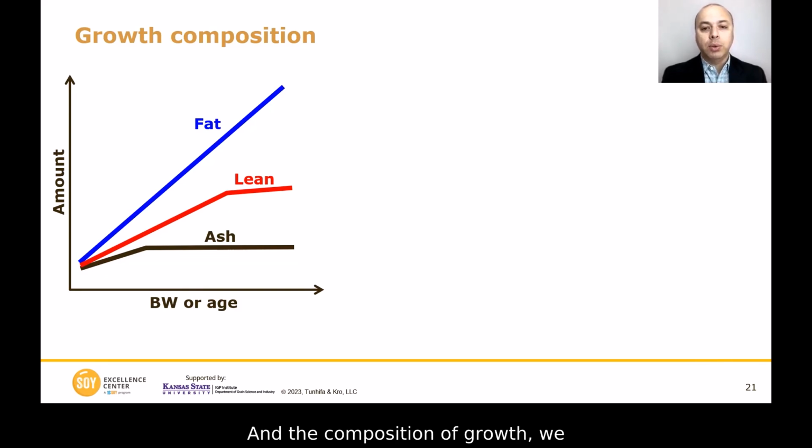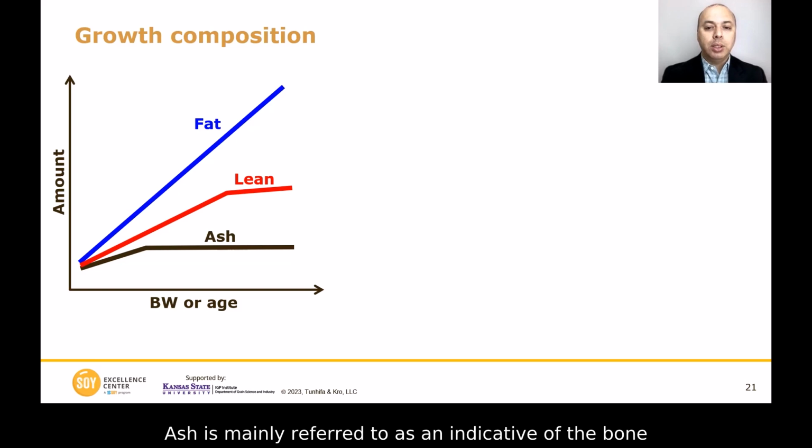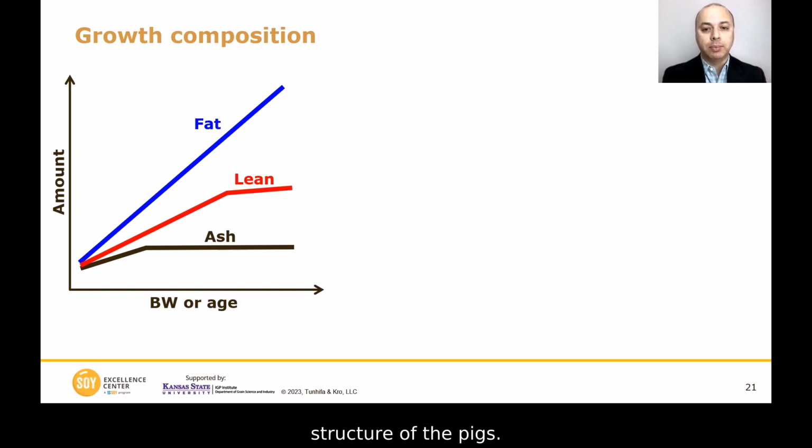And the composition of growth, we can divide it into three main groups: ash, lean, and fat tissue. Ash is mainly an indicative of the bone structure of the pigs.